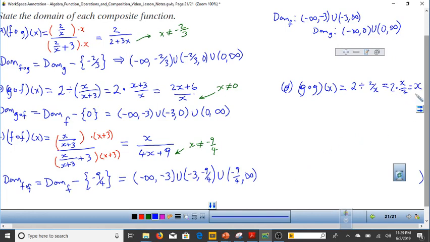Now there's no domain restriction on this particular thing, but we still have to use the same domain of the original function. So the domain of g of g is equal to the domain of g, and we have nothing to remove from that, so it's just negative infinity to 0 union 0 to infinity.